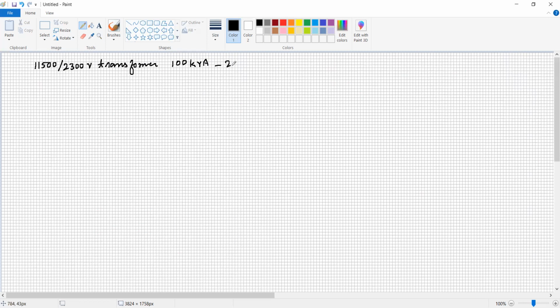This is the two-winding transformer rating. If the windings are connected in series to form the auto transformer, calculate the kVA rating and copper saving, as the load is connected to 11,500 volt, and also on 2,300 volt.